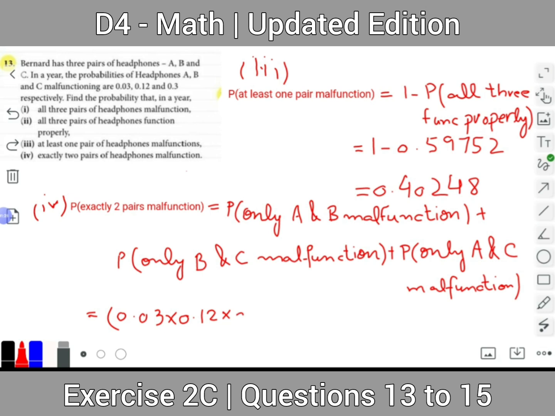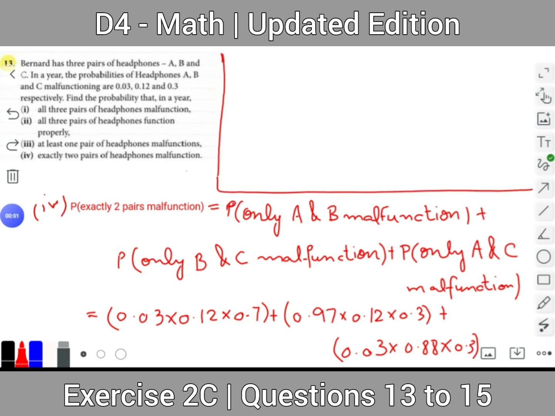Now here we have 0.7 for headphone C. Now only for B and C. For A we have 0.97 multiplied by, for B it is given, that is 0.12, and we have 0.3, plus, now for A 0.03, for B 0.88, the pair of headphones B functions properly, and for malfunctioning of the pair of headphones C, that is given, and that is 0.3.